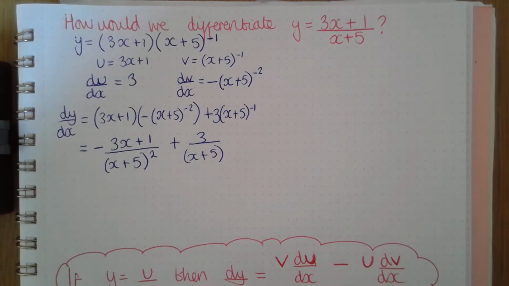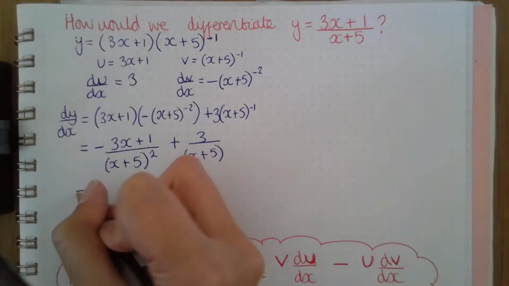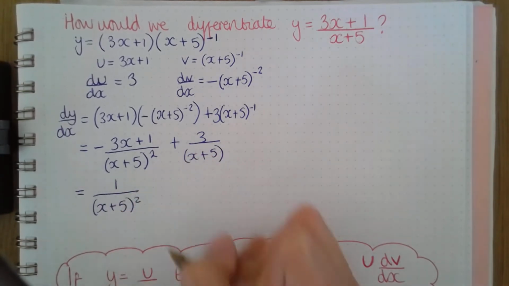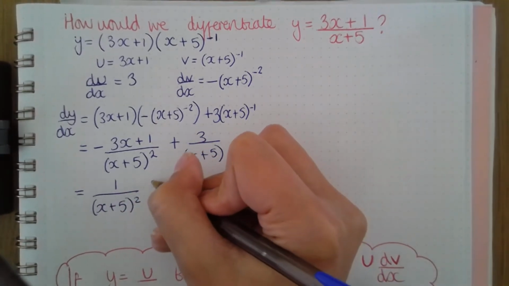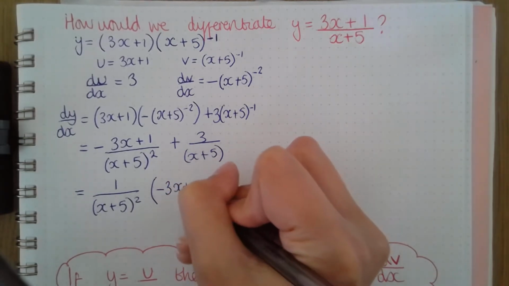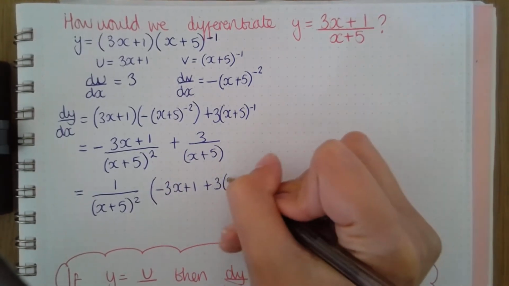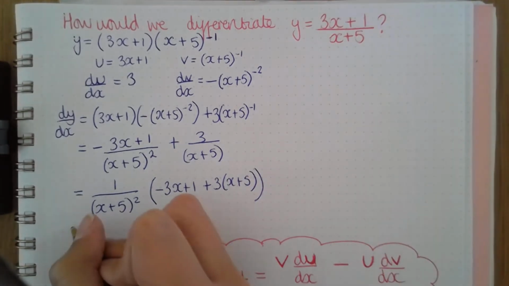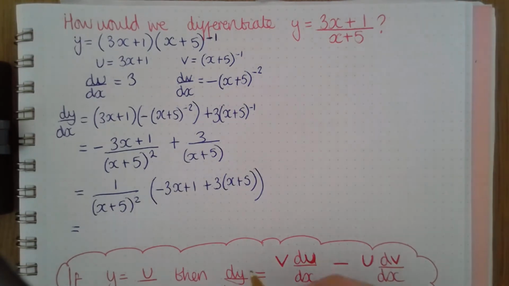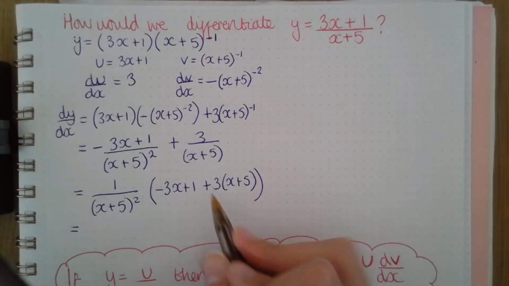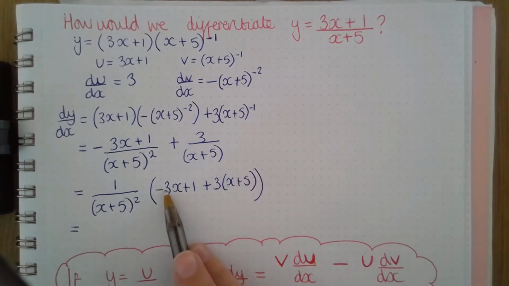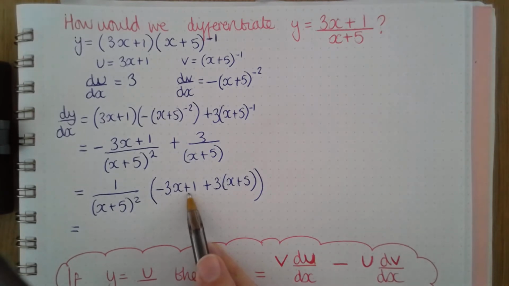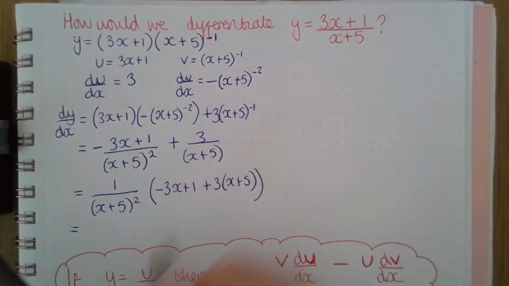and then we can factorize 1 over (x plus 5) squared, so we would end up with negative (3x plus 1) plus 3 lots of (x plus 5). If we sort this out a little bit, we get 3x plus 15, but we've got negative 3x plus 3x, so those cancel out, and this should be a negative 1.